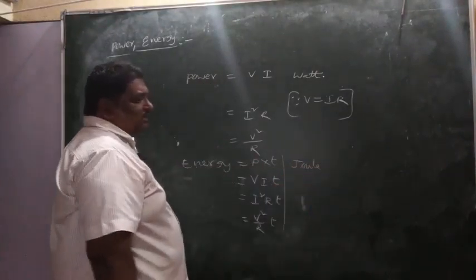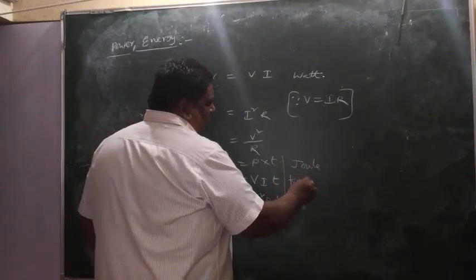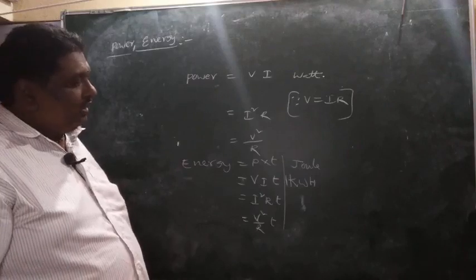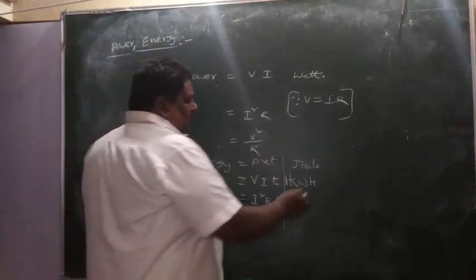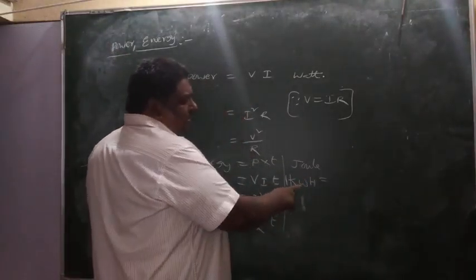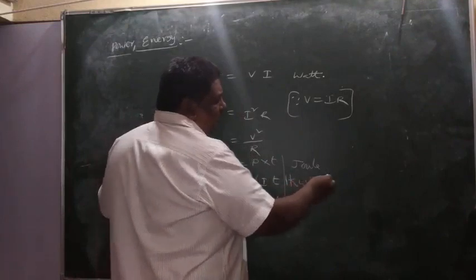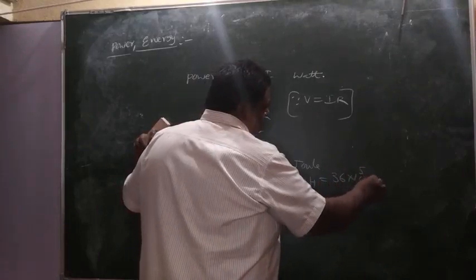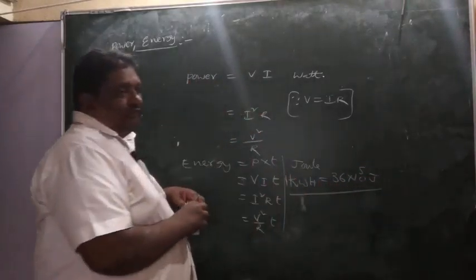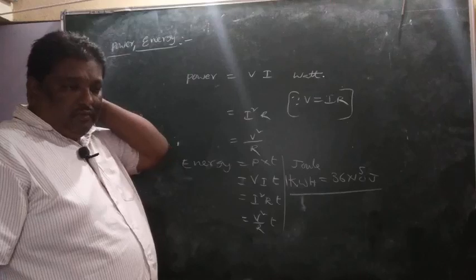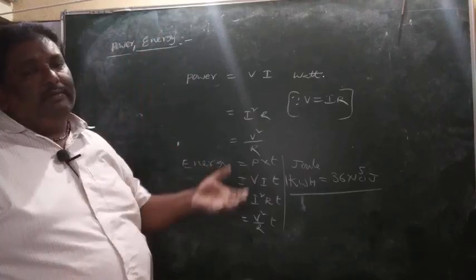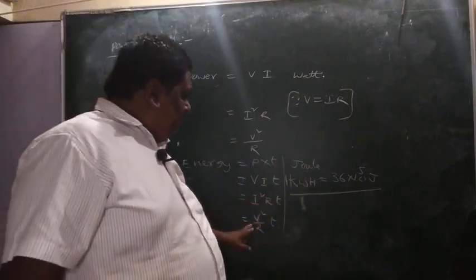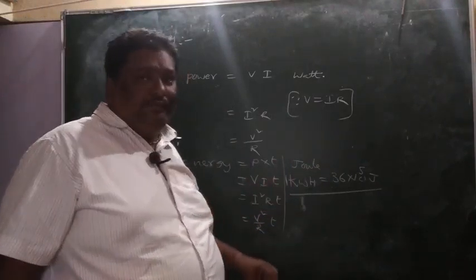But electrical energy is measured in kilowatt hours. So 1 kilowatt hour is equal to 1 kilo means 1000, hour means 60 into 60. Total multiplied, it is equal to 36 into 10 power 5 joule. Suppose one bulb is given in our houses. How many bulbs are there? How many fans are there? How many hours are we using? Simply multiply with VIT.